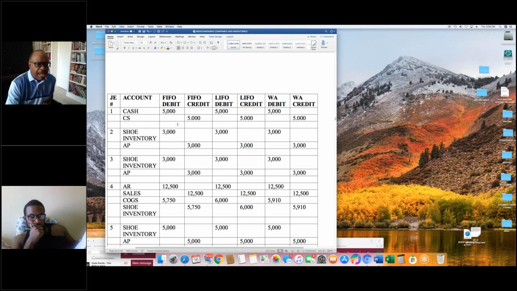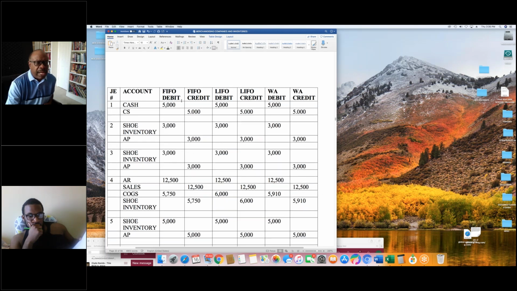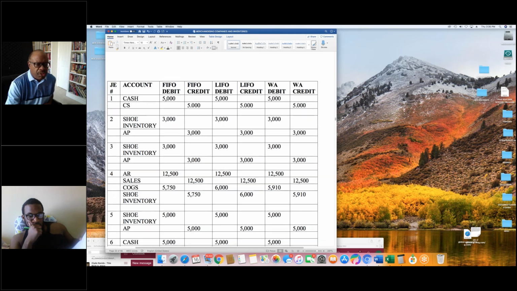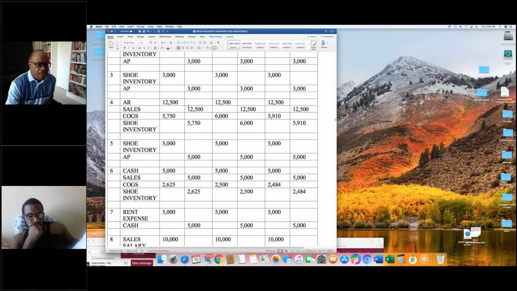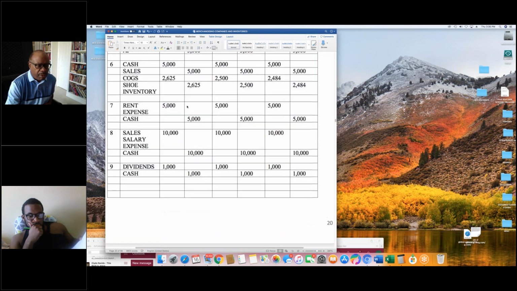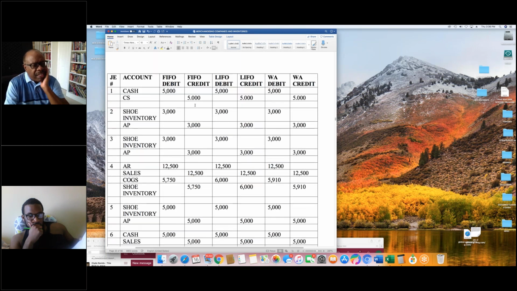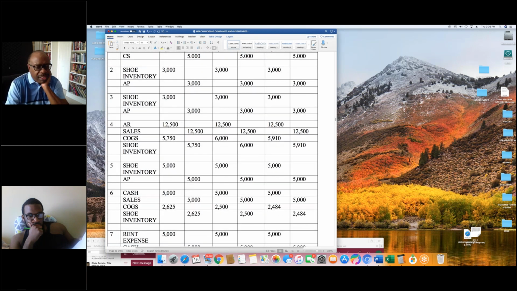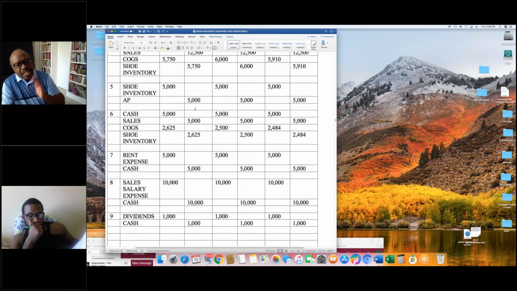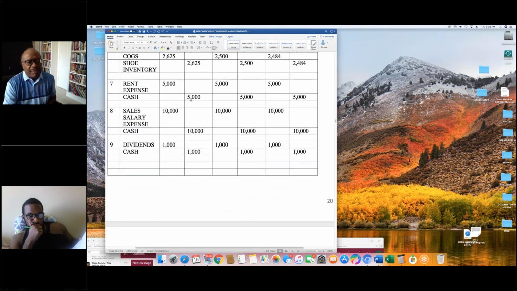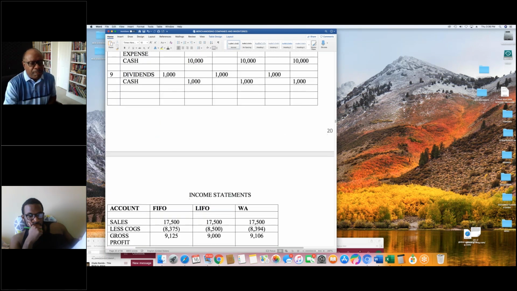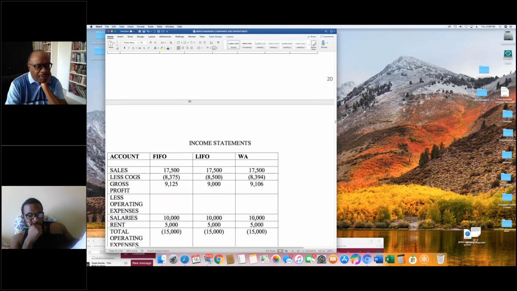So you're just in this column here, but you'll see a lot of these journal entries will be the same when we do LIFO and weighted average. But right now, all you're concerned about are these first two columns, and the journal entries being made. So what I want you to do is go through and see if you can understand everything that was done in these journal entries. You shouldn't have to turn it in. You could have just looked at this, pulled it out, and turned it in, but you had to ask.